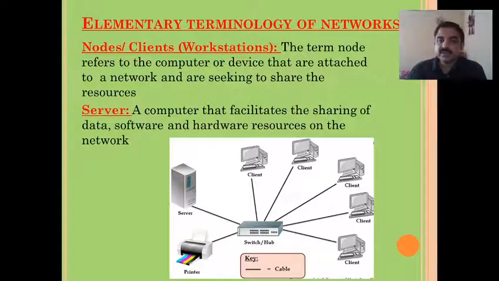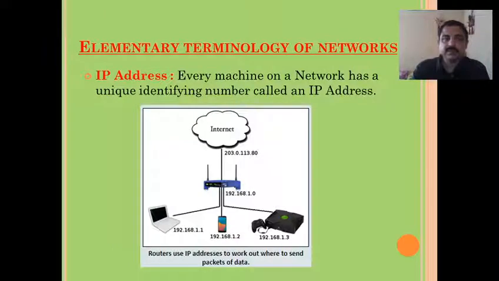Then the terms node and server. Any system which is connected to a network, we can call a node. In a network, if a computer facilitates the sharing of data, then it can be called a server. Every machine on a computer network has a unique identifying number, which we call an internet protocol address or IP address.